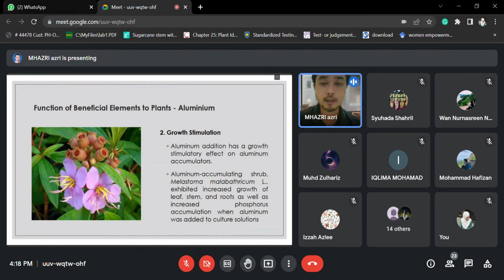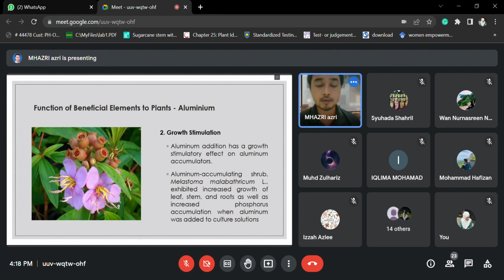Because in soil, aluminium can react with phosphate to form aluminium phosphate. So these Melastoma malabathricum, dekat dia punya akar, in their roots, they have certain proteins that can uptake the aluminium and phosphorus complex.